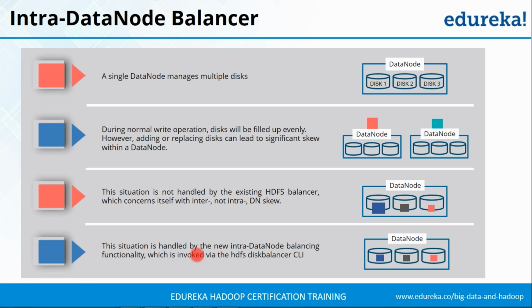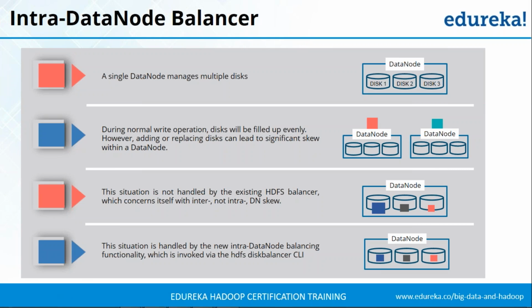This situation is handled by the new intra-data node balancing functionality, which is invoked via the HDFS disk balancer CLI. It is used to make sure that all of your data is evenly distributed among the disks which are present inside one data node.